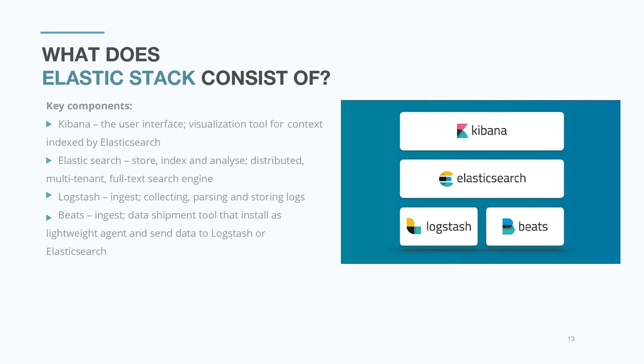And finally, Beats. That's a lightweight agent that can send data to Logstash. It's possible to use syslog instead of an agent if your system supports syslog. But Beats are really good. You can do anything with it. There are several flavors of Beats, depending on what you want to collect and send.